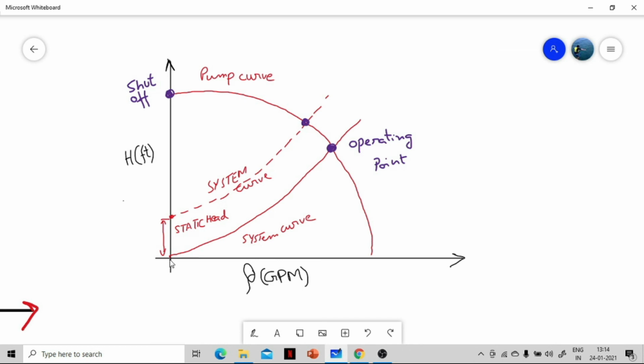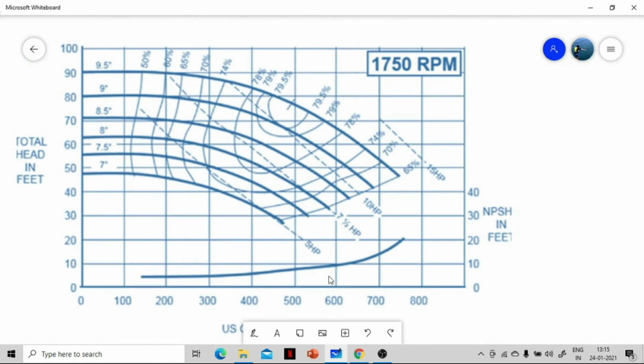But if your system has some static head, then it will start from that particular value. And the point where the system curve and the pump curve intersect each other is the operating point for your system. Okay, now let's check some more complex pump curves that a pump vendor usually provides.